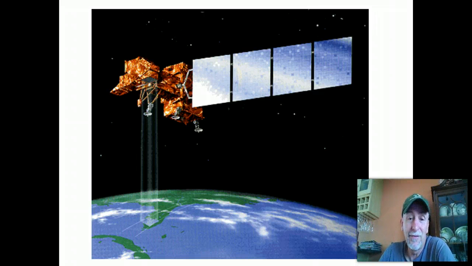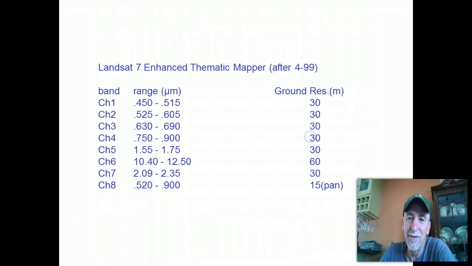I mean, it's just an absolutely amazing data set covering the planet every 16 to 18 days since 1972. Everything that happened since 1972 on the surface of the Earth, pretty much, we can see with this project. We can see it. It's there. You have to look hard for it sometimes, but it is there.